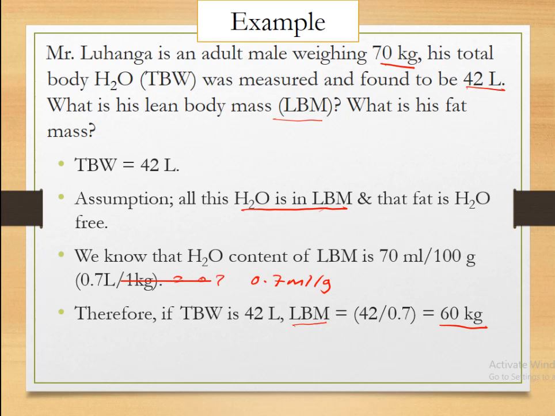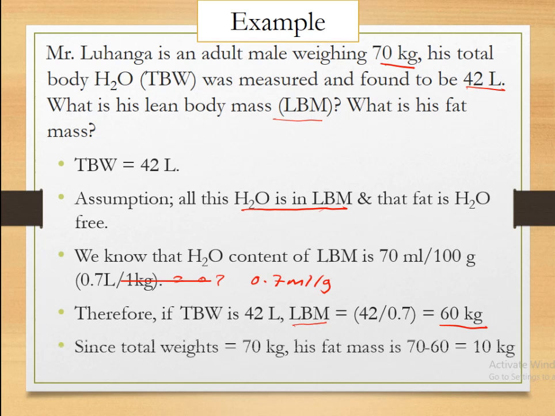So since we have found the fat-free mass, which is 60 kg, for us to find the amount of fat in the body, you can just say 70 minus 60, which is giving you the 10 kg.